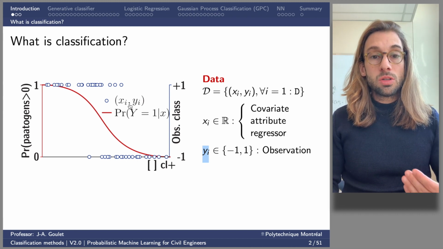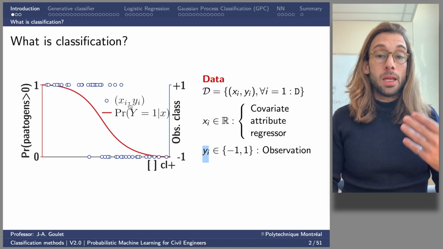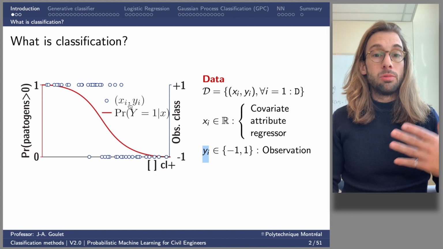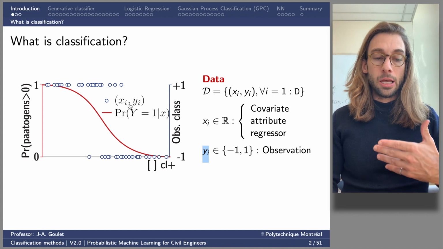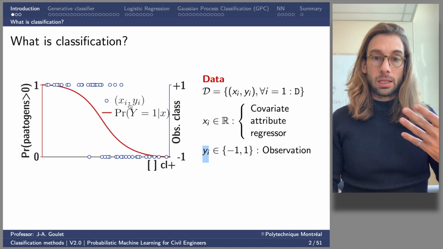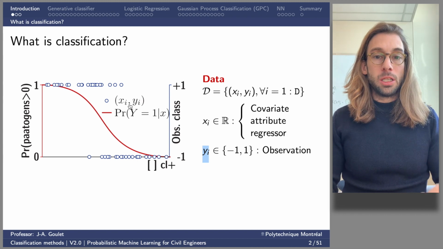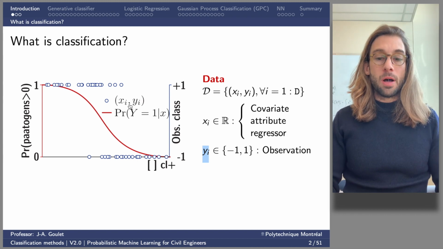We're going to see most of the methods this week in the context of binary classification, but keep in mind that we can extend this easily to multi-class classification, so not only 2 possibilities, but an arbitrary number of possibilities.